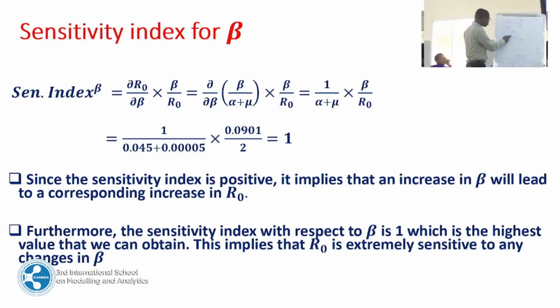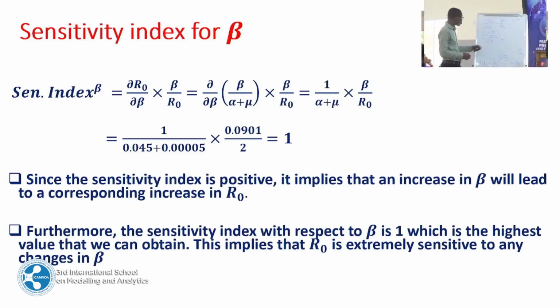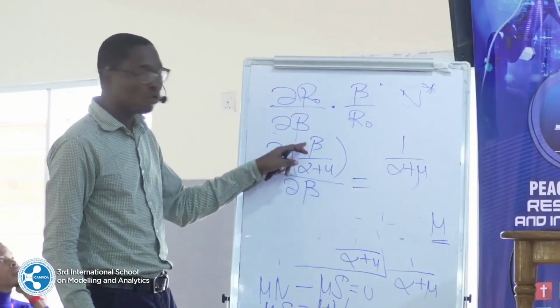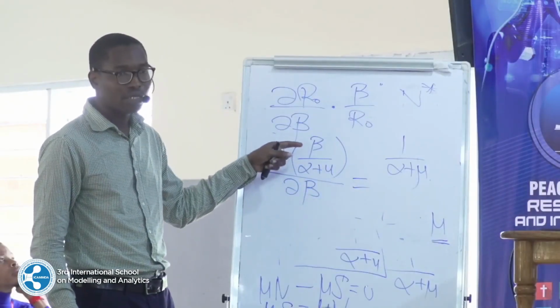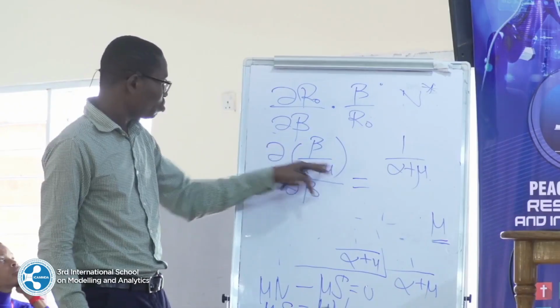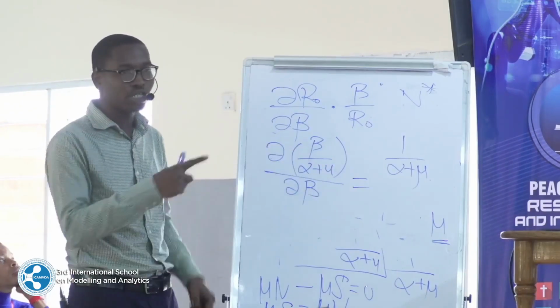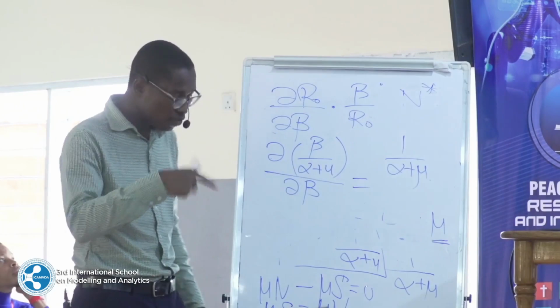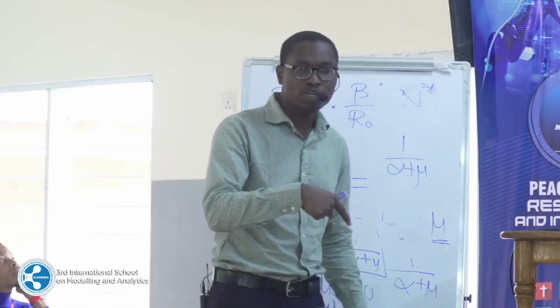So if we differentiate this guy partially with respect to beta, what do we have? We have 1 over alpha plus mu. If we differentiate partially, we are keeping alpha and mu constant, and we are varying beta. Is it clear? So we keep these guys constant, and then when you differentiate a variable with respect to itself, what will it give us?